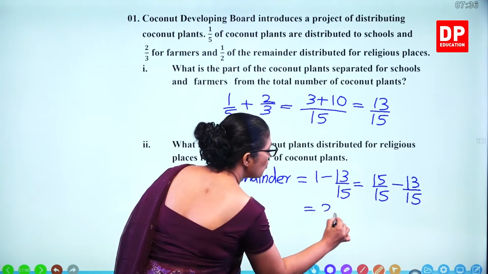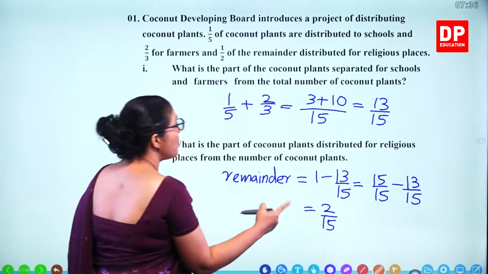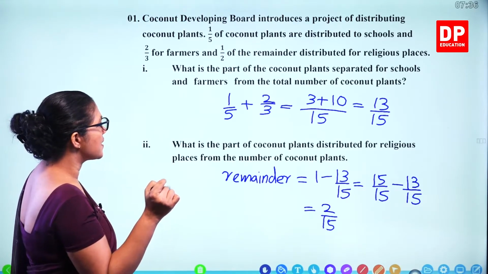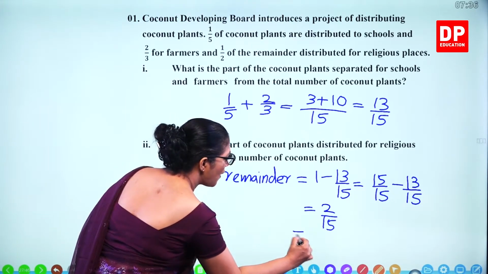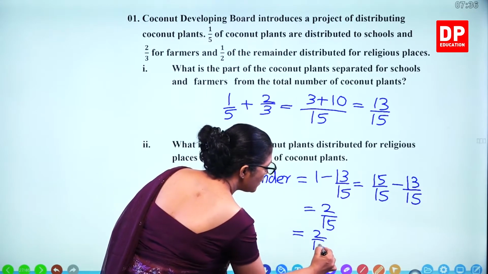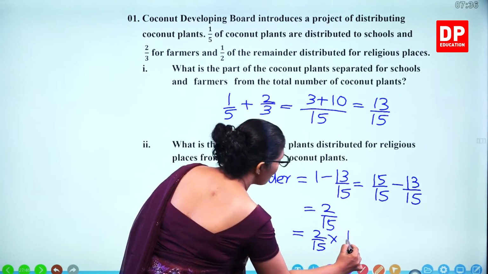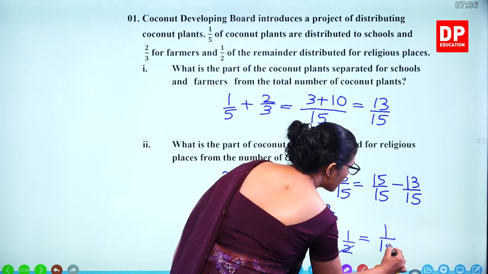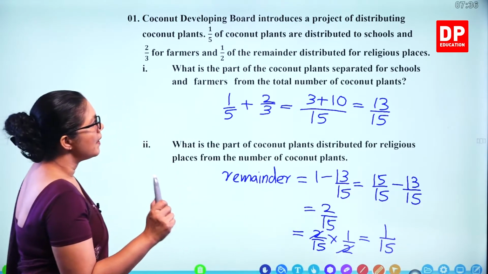So you get 2 over 15. Then half of the remainder distributed for religious purposes. So what's the fraction? 2 over 15 into half. So that means 1 over 15 parts for religious places.